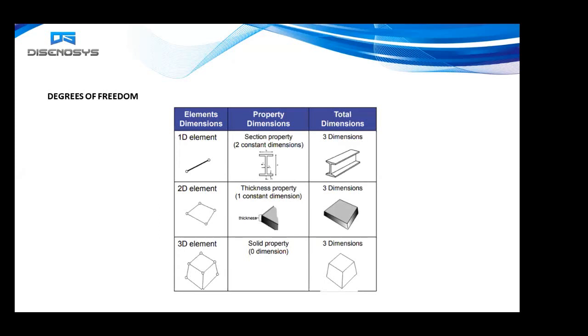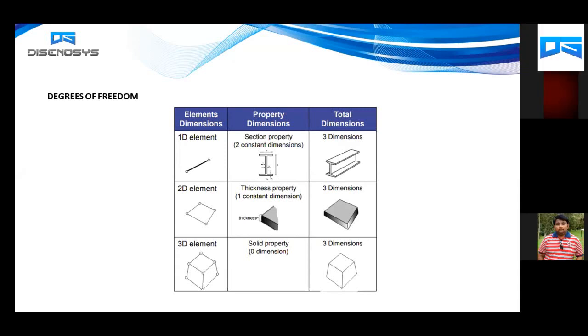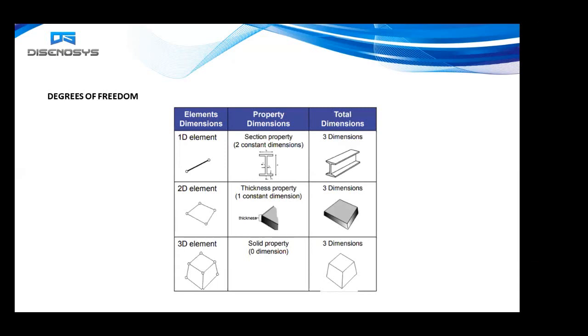Okay. This degrees of freedom is different from that. In that you check the degrees of freedom to reduce the redundancy error, right? Here the degrees of freedom is used to calculate the computational time. Oh, okay, sir. That is totally different from this.